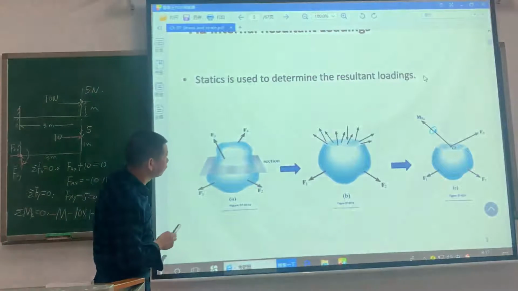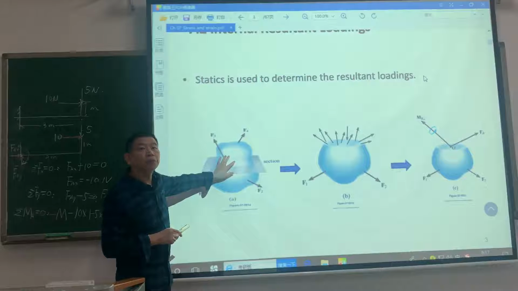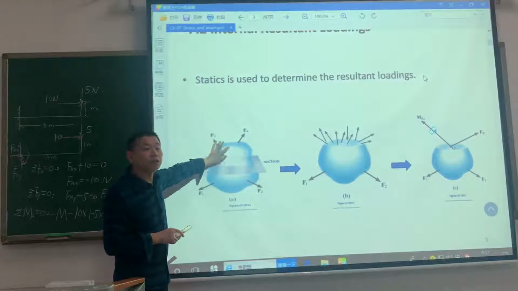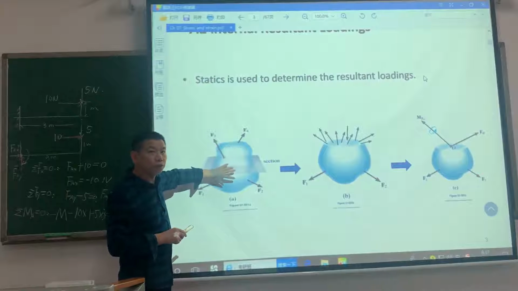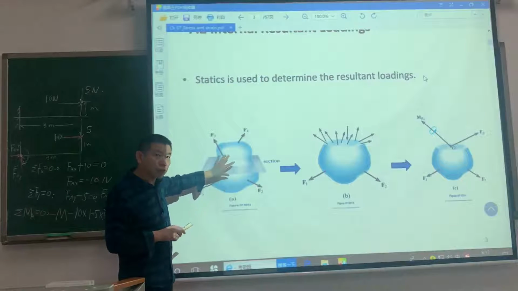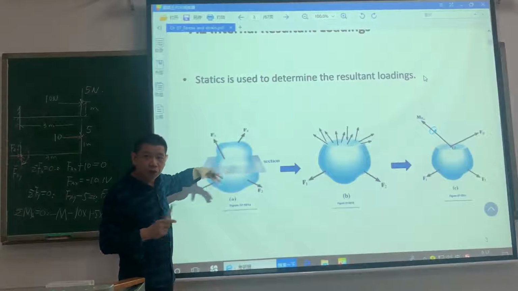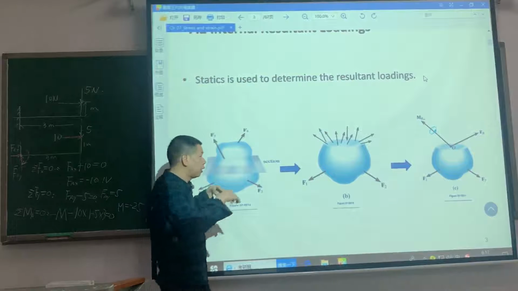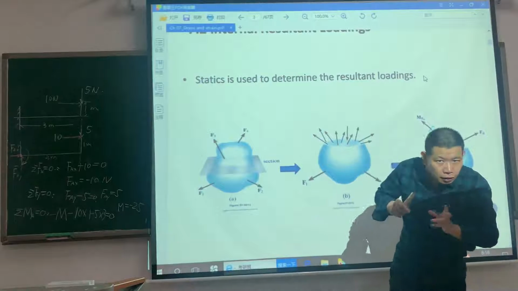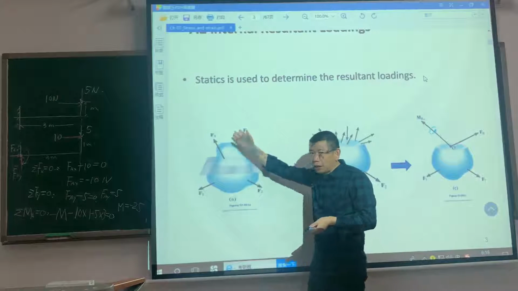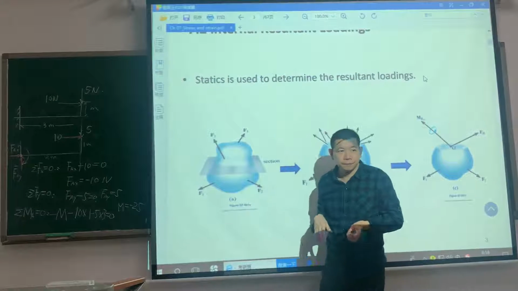It is an arbitrary body. It's a common body with a force system, which means a lot of forces acting on the body. Understand?